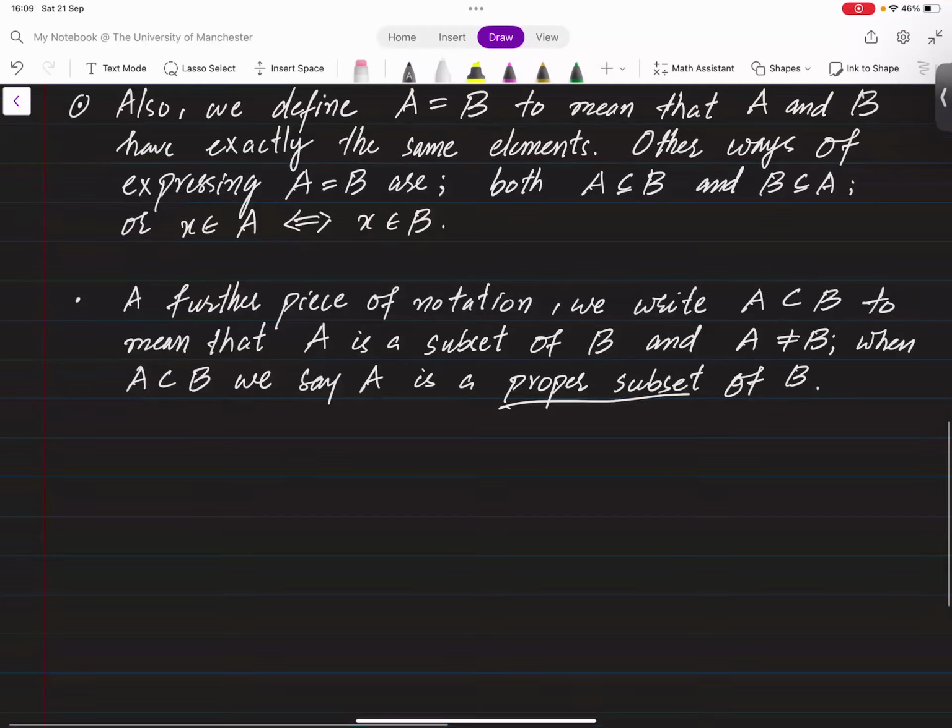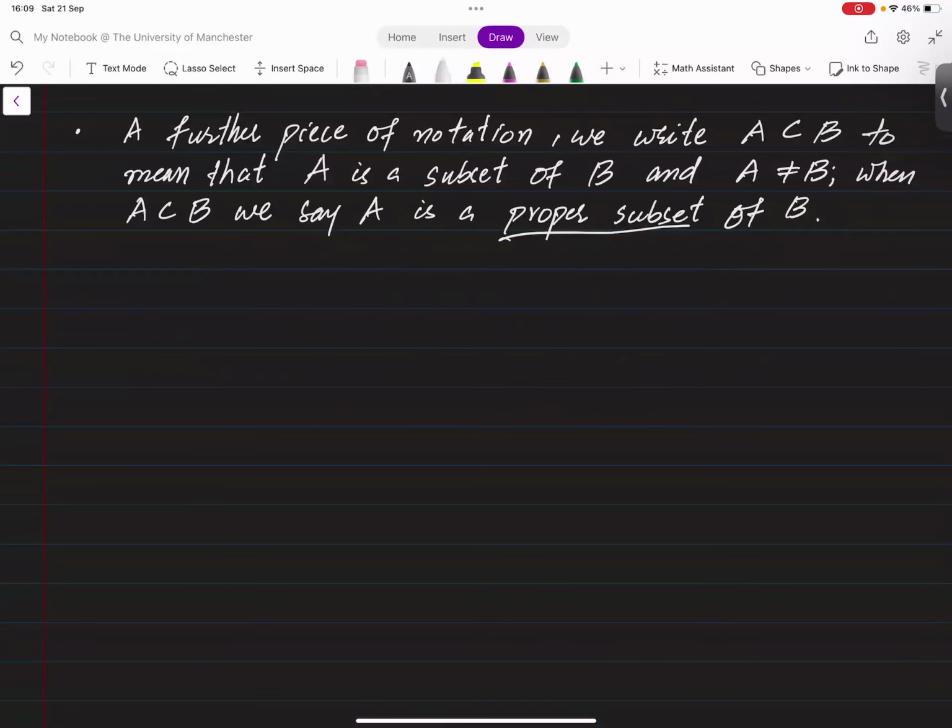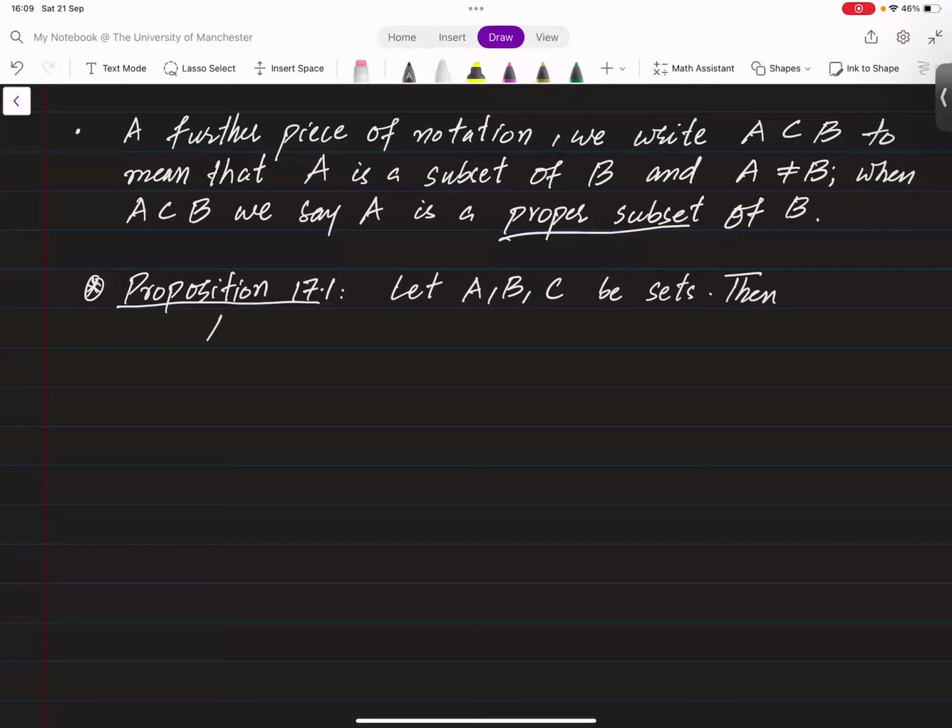So let's define a proposition (17.1). It says: let A, B, C be sets, then A intersection (B union C) is equal to (A intersection B) union (A intersection C). We can write the proof.